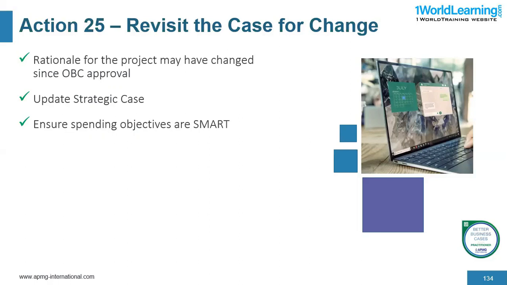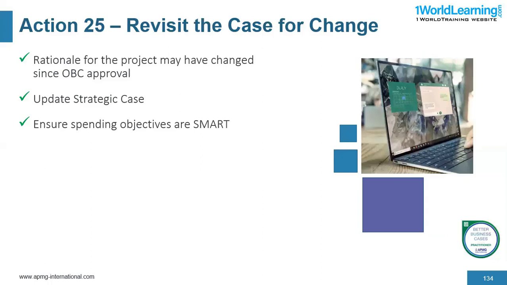So as a part of updating the strategic case, we confirm that the case for change remains as set out in the outline business case. Additional business needs and requirements that have arisen since the submission and the approval of the outline business case will require the case for change to be revised and updated.